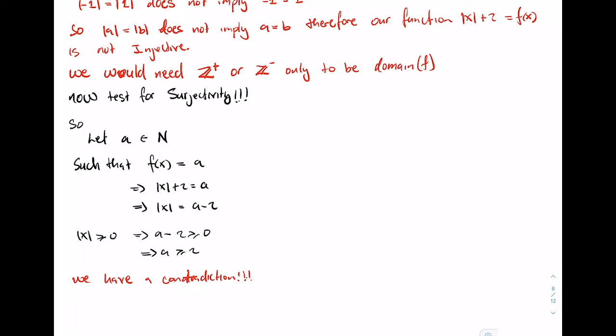But what if A could be equal to 1? The codomain says A could be equal to 1, but our manipulation here is showing us that A cannot be equal to 1. So since we have a contradiction, therefore, the function modulus of x plus 2 equals f of x is not surjective.